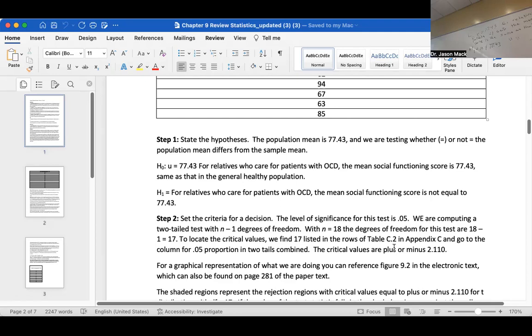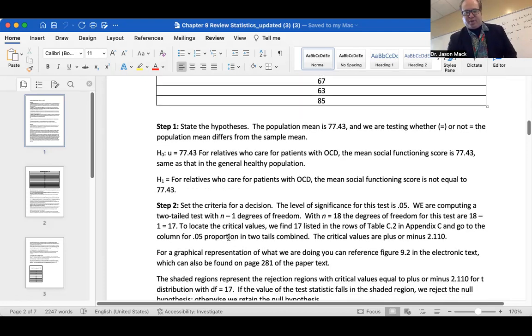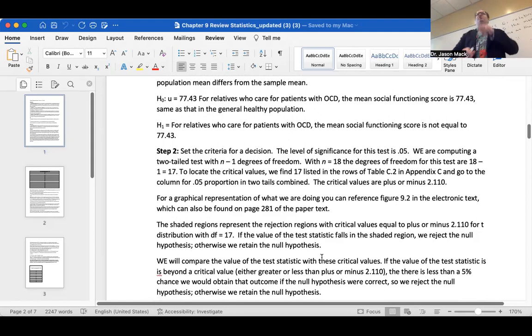So now we're going to look at the critical values. We find them in table C, in appendix C, and go to the column for 0.05 proportion in two tails combined. The critical values you should see are plus or minus 2.110. Does everyone see that in the t table? Make sense?